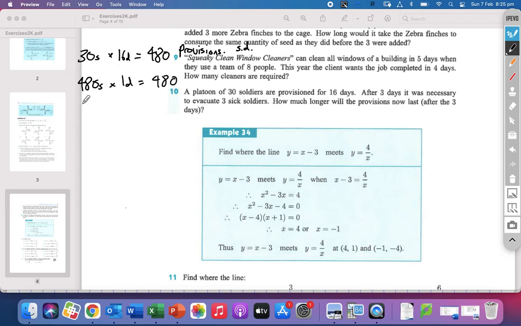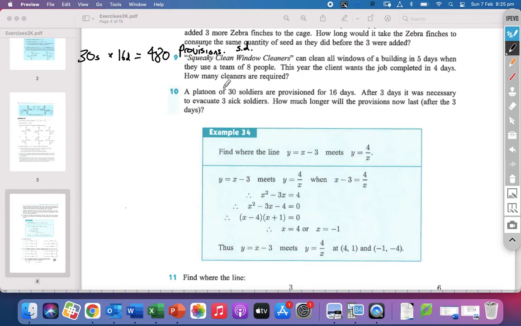Or maybe it's easier to think about it this way, one soldier. I've got 480 days worth of provisions for one soldier. It's just that I've got 30 soldiers, right? Okay.